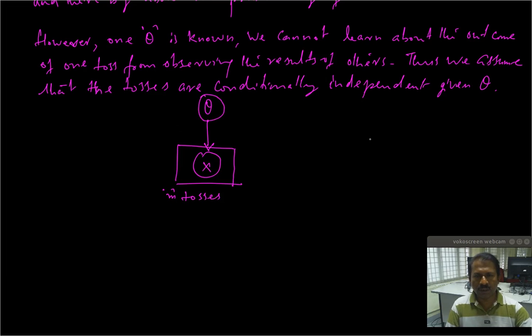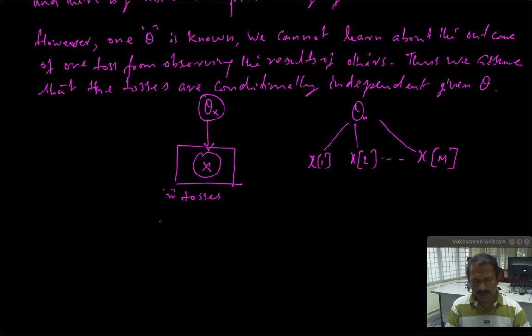So let me just make a theta of x. So this is x1, x2, up to xm, m number of tosses we have, right? So this is our model.